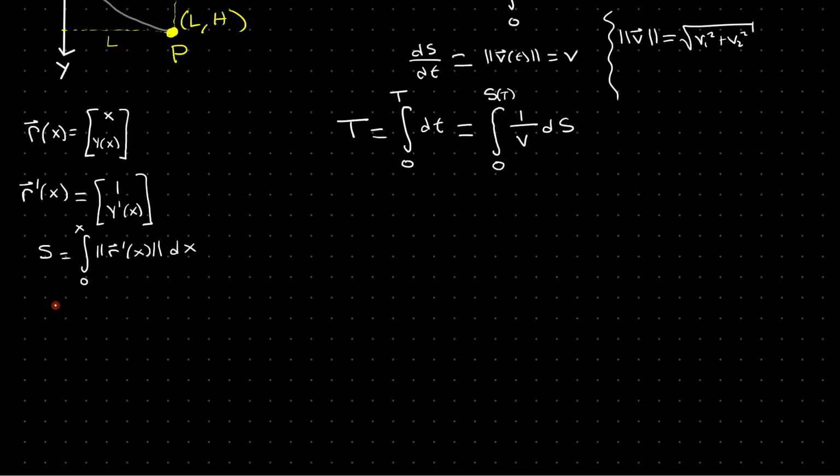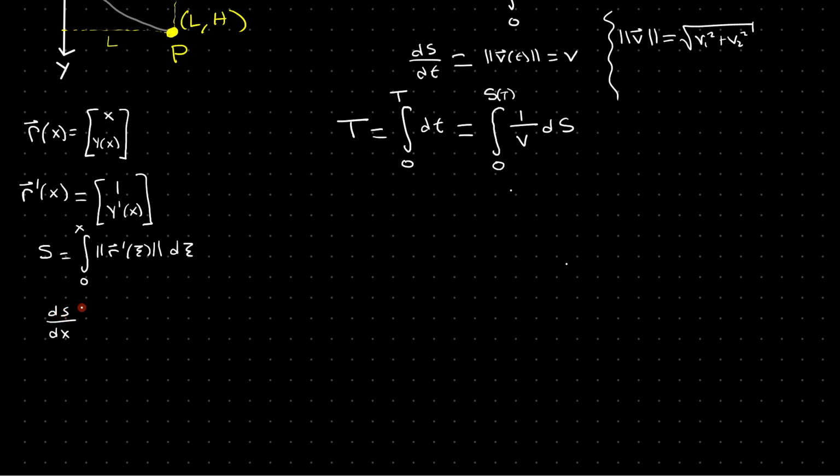And so this means that the derivative of arc length with respect to x, and I suppose that instead of using the notation x here, I'm going to use the notation xi, just because the variable of integration in an integral should never be the same as the variable in the bounds.